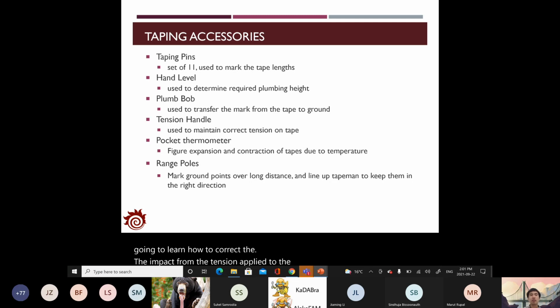And you have the pocket thermometer to measure the temperature, and the range poles to mark the ground for long distances. If you want to measure a very large area, you need the range poles to control the direction and make sure that you stay on a straight line.